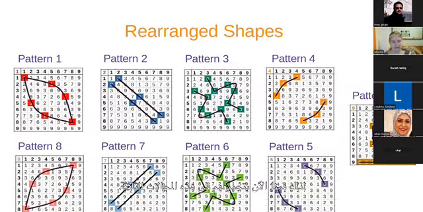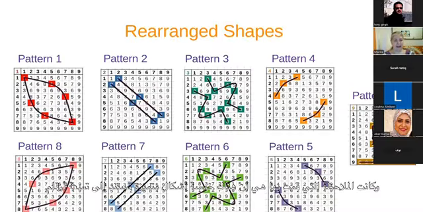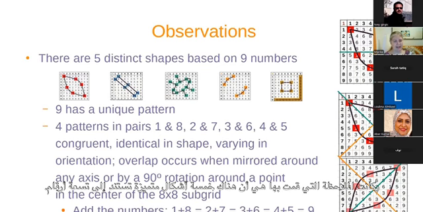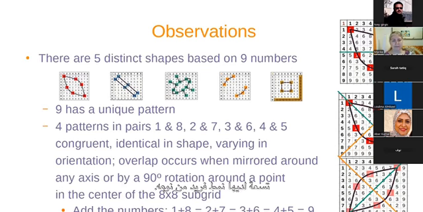Now we have them grouped in these pairs. The observation I made was there are 5 distinct shapes based on 9 numbers. 9 has a unique pattern, and there are 4 patterns in pairs: 1 and 8, 2 and 7, 3 and 6, and 4 and 5.